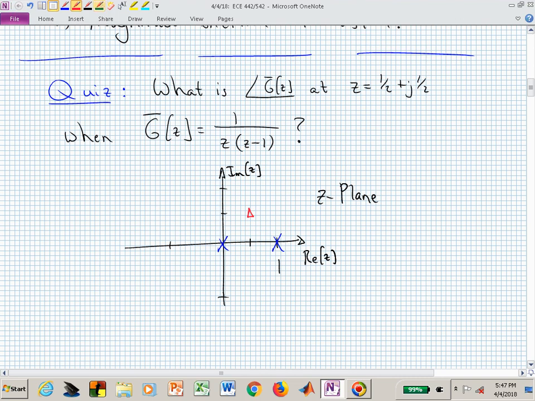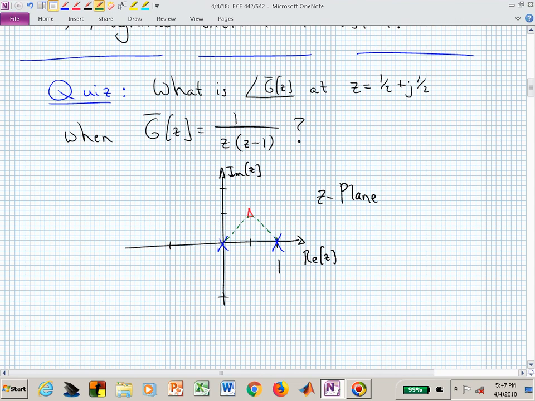What am I saying? I'm saying first, I would get out your drawing equipment and start drawing a line segment to that triangle from each of your poles and zeros. And then, since we're interested in the phase, we measure this phase relative to the positive real axis.